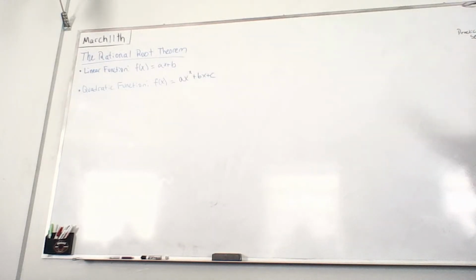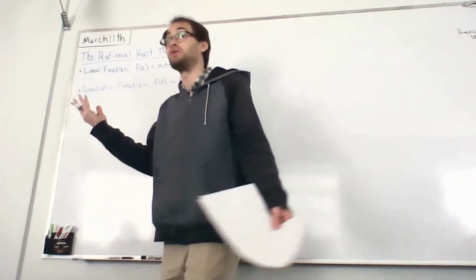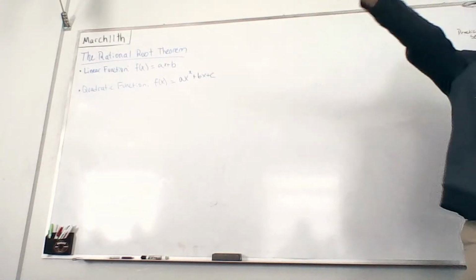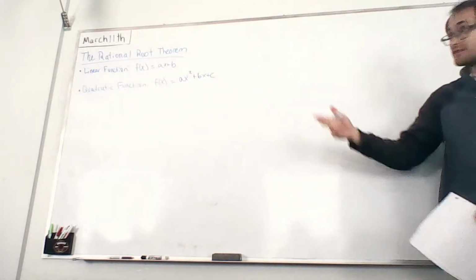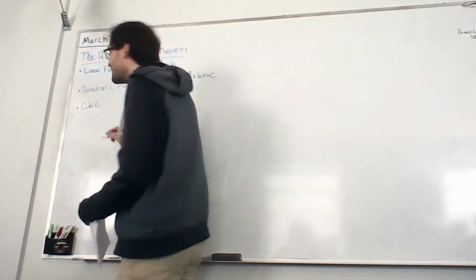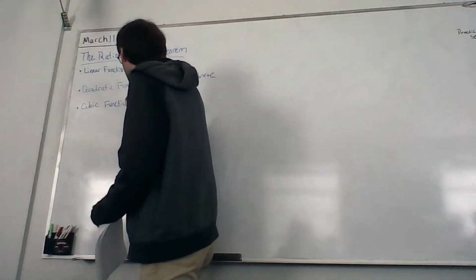All right, and then we can keep playing this game. We got stuff after quadratics. Anyone know the name? Yes, Junior. Yes, cubic. Cubic comes next. And spoiler, the cubic will be the star of today after a while. The cubic function.